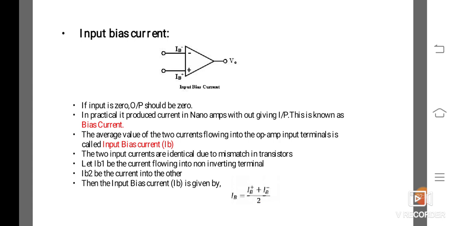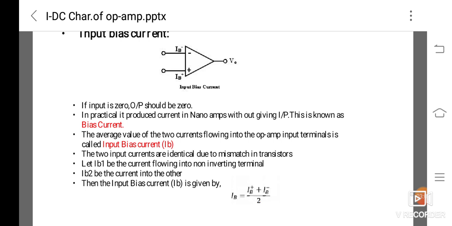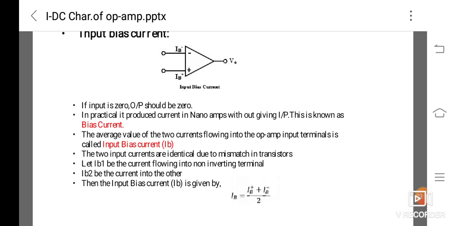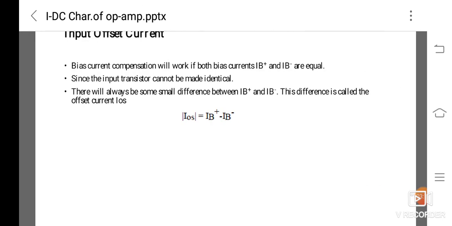IB1, that is IB plus, is the current flowing into the non-inverting terminal, and IB2, or IB minus, is the current flowing into the inverting terminal. So the input bias current is IB equals (IB plus plus IB minus) by 2.